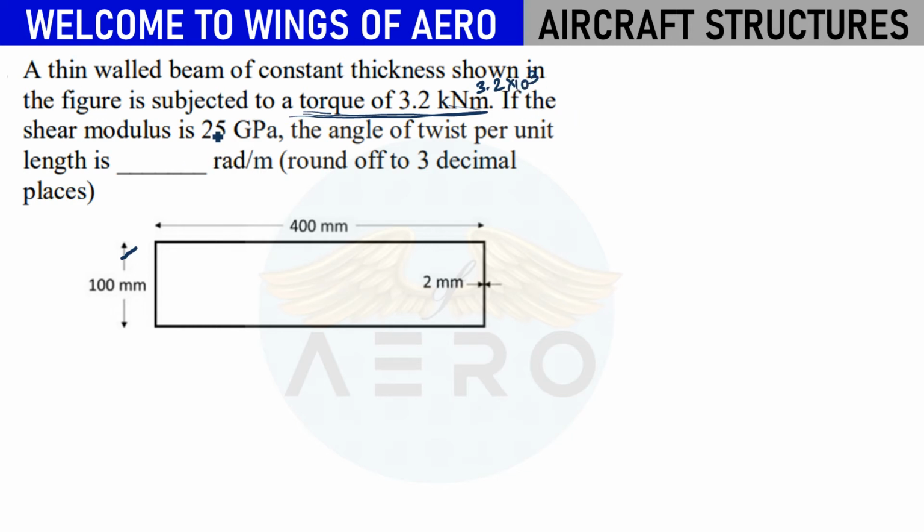If the shear modulus, that is the G value, is 25 gigapascal, so 25 into 10 power 9 pascal, that is Newton per meter square. The angle of twist per unit length we need to find in radian per meter. Round off to 3 decimal places.